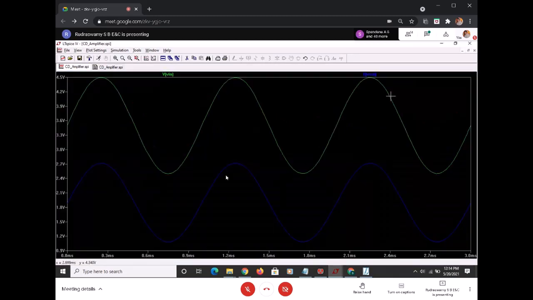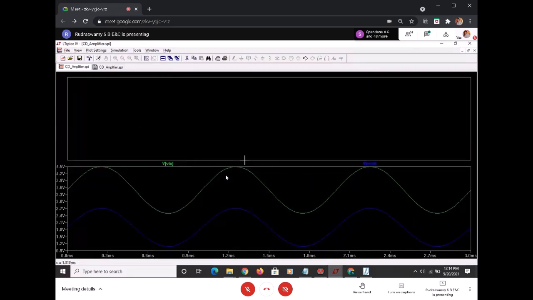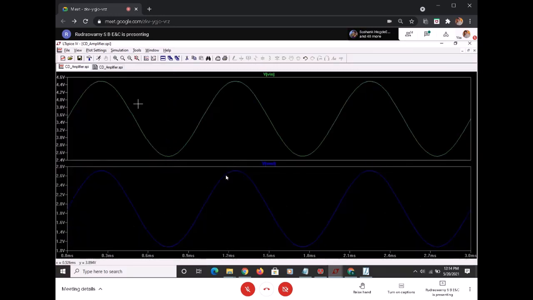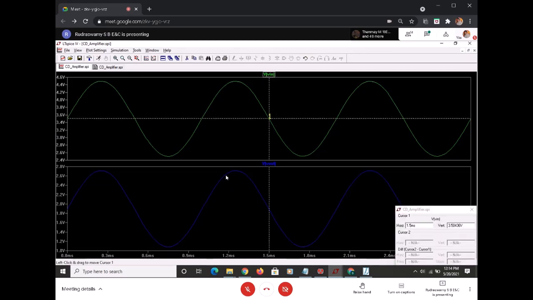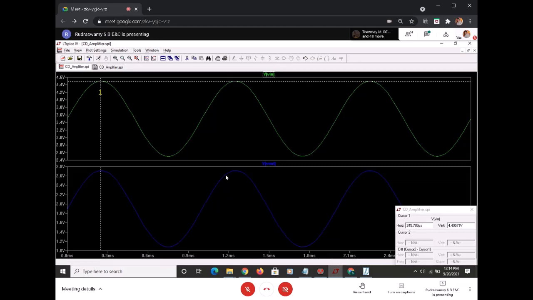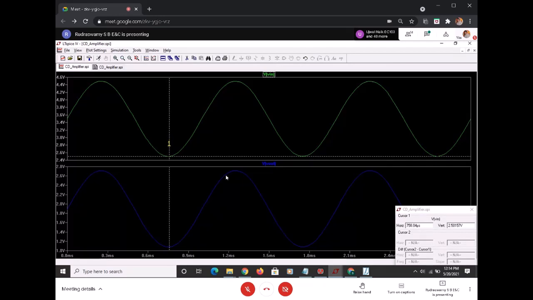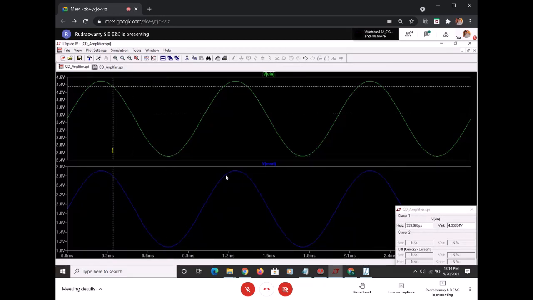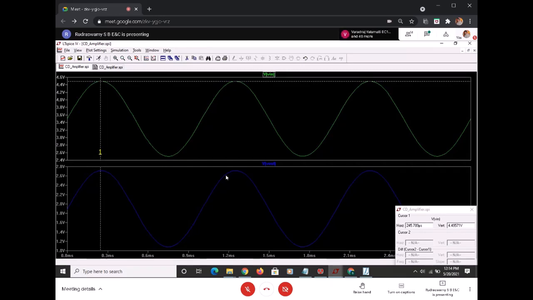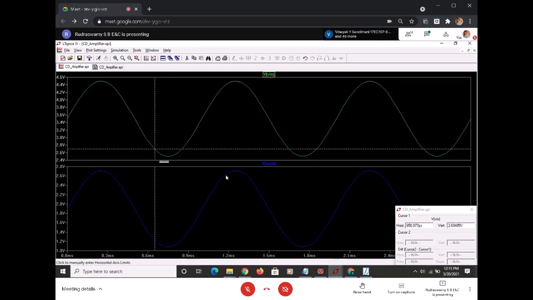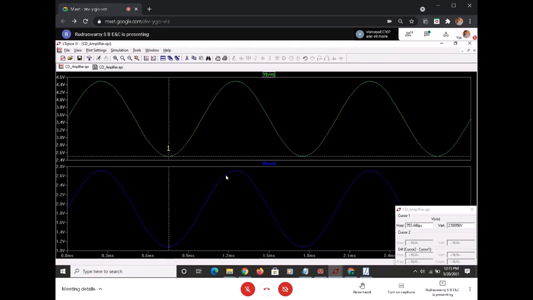Okay, and plot. We'll take this V in somewhere here. See, the moment the biasing reduces, you can see that this also changes, right? So the input peak to peak is changing now because I reduced the biasing voltage, and correspondingly you can check. The input peak to peak is somewhere around 4.5, and this is 2.5.